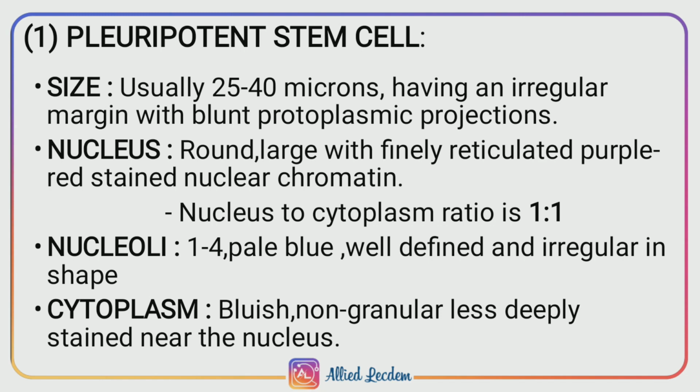Nucleus to cytoplasm ratio is about 1:1. Nucleoli is 1 to 4 and appears pale blue, well defined and irregular in shape. Cytoplasm appears blue and non-granular, that is, no granules are present at this stage and it is less deeply stained near the nucleus.